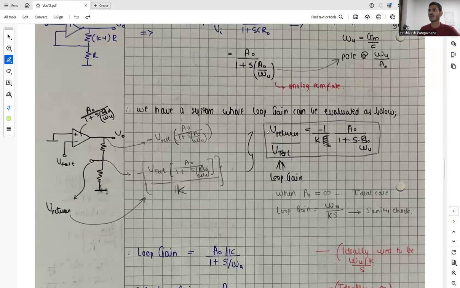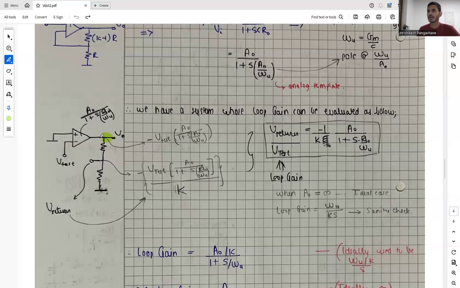Now we have a system whose loop gain can be evaluated as below, where the transfer function is this. To analyze a loop gain, again we have a technique. We ground the input voltage, break the loop from here, apply a V test, and see what comes in V return.